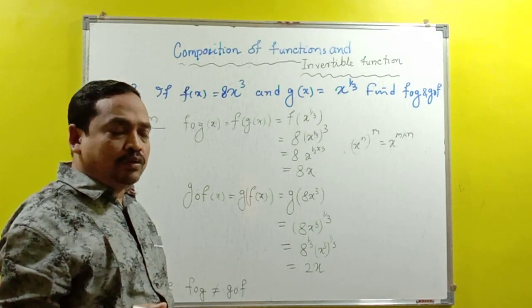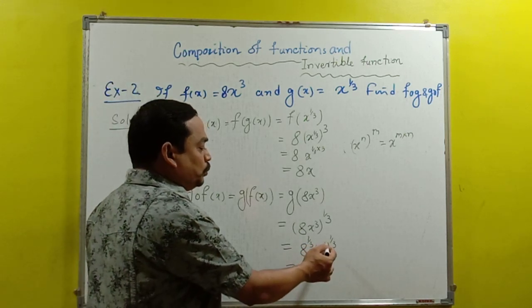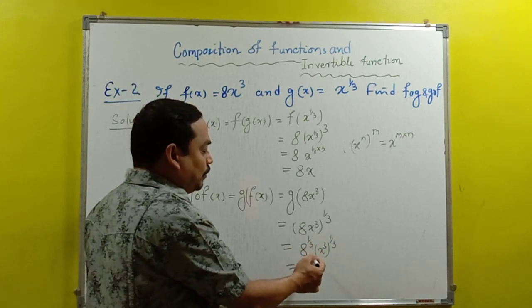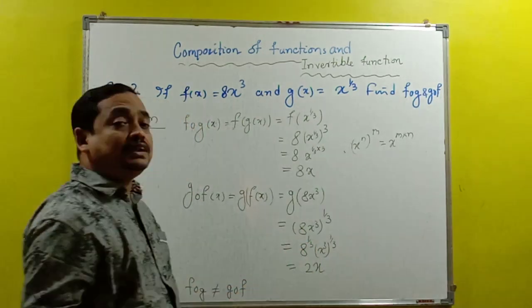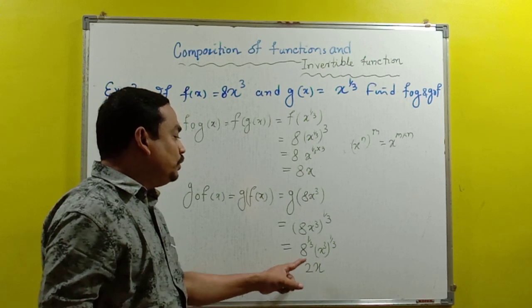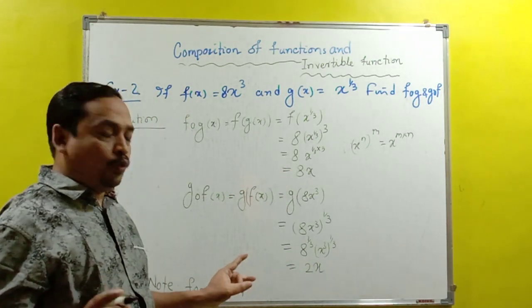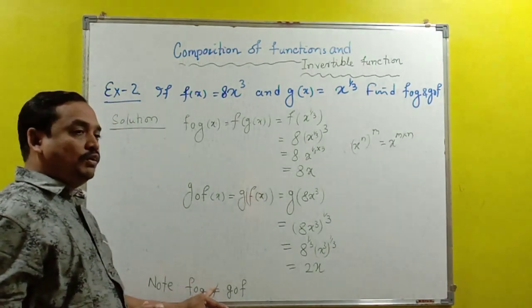By applying the rule of exponent, 8 to the power 1 by 3 into x cube to the power 1 by 3. But the cube root of 8 is 2, and this is again x. So what you are getting? 2x. Here what you have got? 8x. Are they equal? No. So fog is not equal to gof.